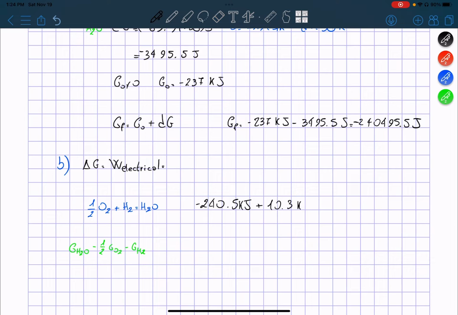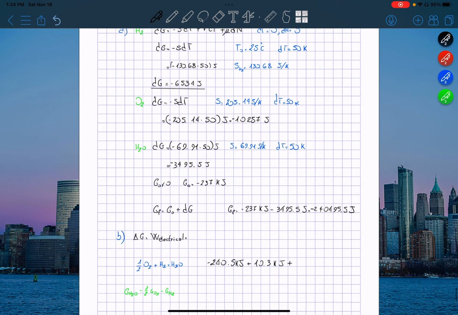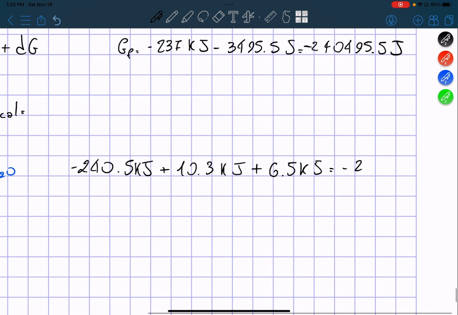And then we have minus, again it becomes positive, G of H2, which was equal to 6.5 kilojoules. So we can put them all together. We have negative 240.5 plus 10.3 plus 6.5, and we get negative 223.7 kilojoules.